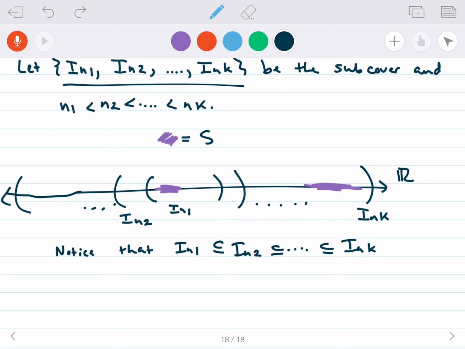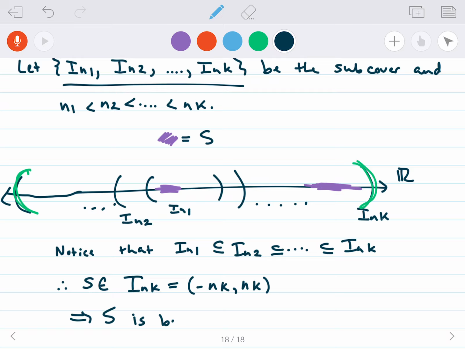Okay, and so what does this tell us? Well, this tells us that S is completely contained in one of these intervals. In particular, S is in this interval right here, which equals -nk to nk. And this means that S is bounded, right? It's bounded above by nk.